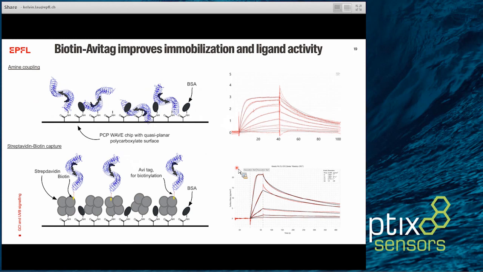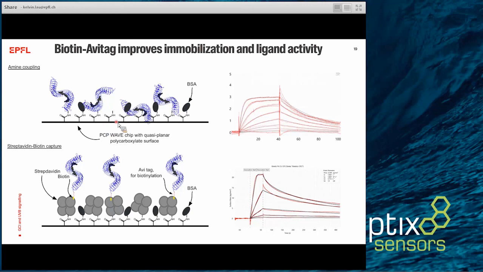Like many other surface-based systems, SPR or BLI or GCI, you always need to optimize your system. This is more of a technical aside, but for people who are working with large receptor extracellular domains, we found that what really enhanced signal and also the quality of the data was to site-specifically biotinylate your receptor via an AVI tag and then couple that onto a chip via streptavidin.